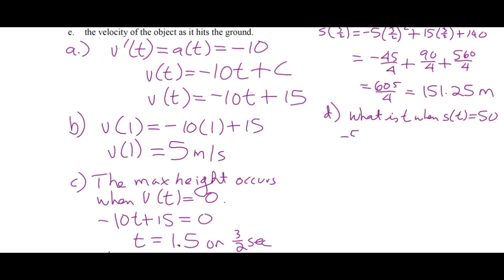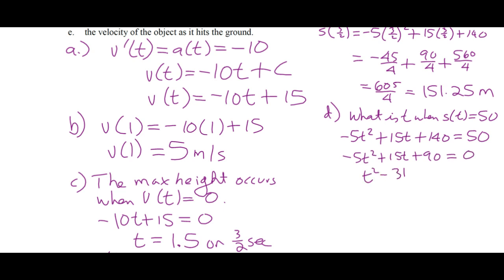Negative 5t squared plus 15t plus 140 is equal to 50. Solve that.